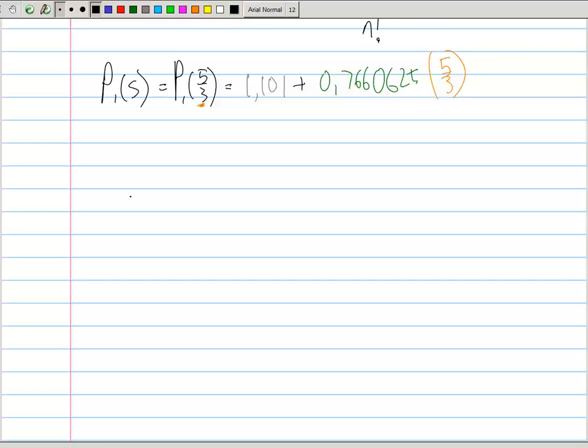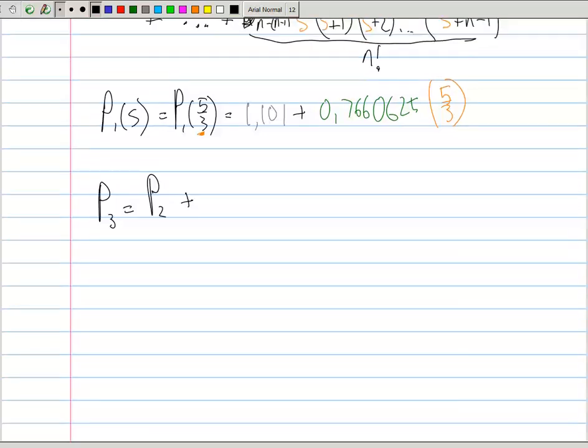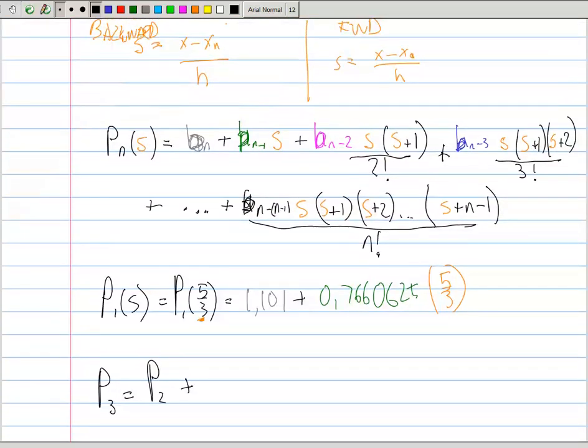So I'm just going to write out, because all of this is exactly the same as above, your P3 is going to be equal to your P2 plus, and P2 I'm not even going to fill in here, it fits in exactly as you would above.